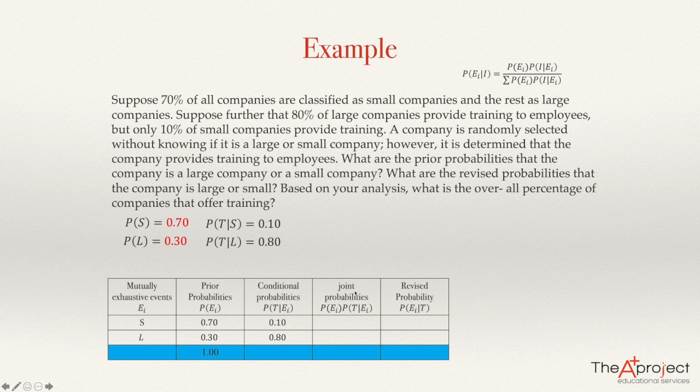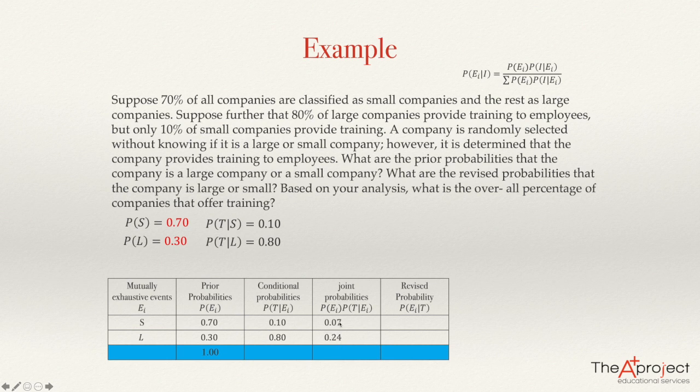And then the joint probabilities will be just the product. 0.70 times 0.10 equals 0.07. And the probability of L and training will be 0.30 times 0.80, which is 0.24.